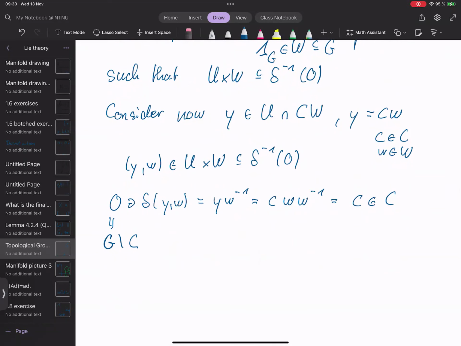So we have that actually the intersection of U with C times W needs to be the empty set. Okay, recall now.